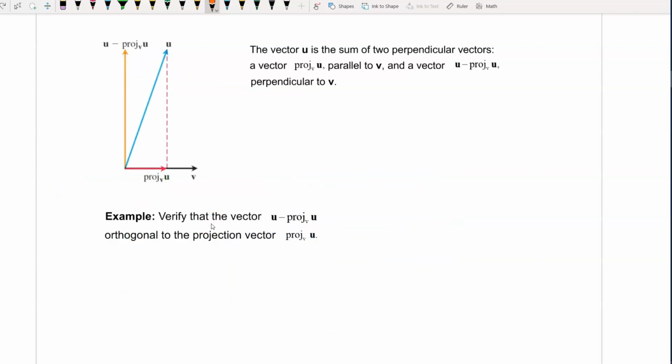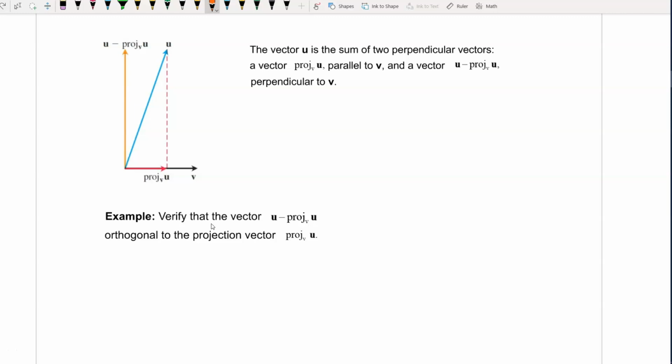The vector u is the sum of two perpendicular vectors: the vector projection of u onto v, parallel to v, and the vector u minus the projection of u onto v, perpendicular to v. For example, verify that the vector u minus the projection of u onto v is orthogonal to the projection vector.